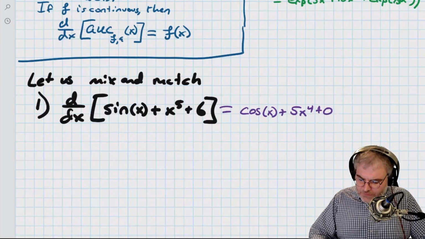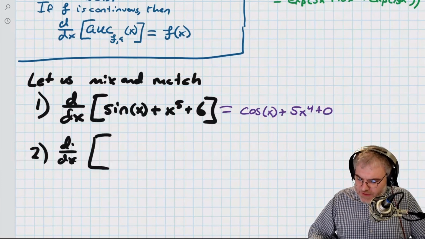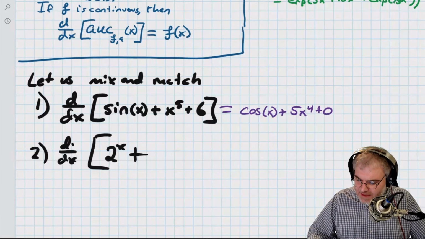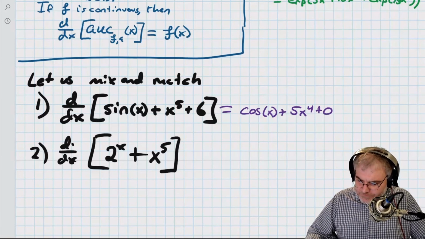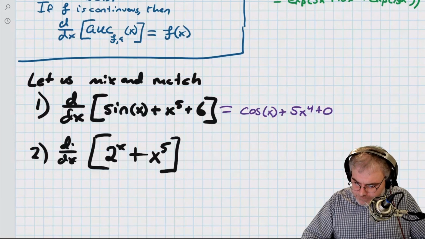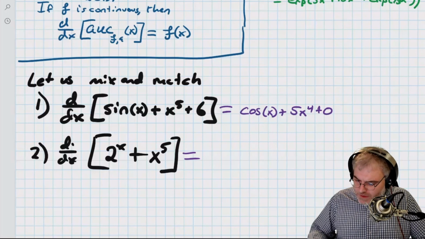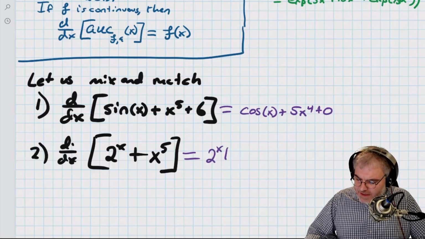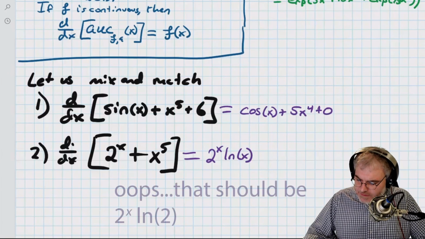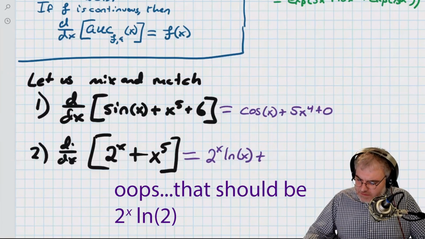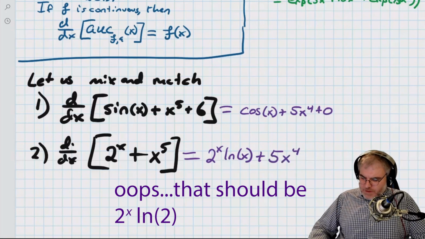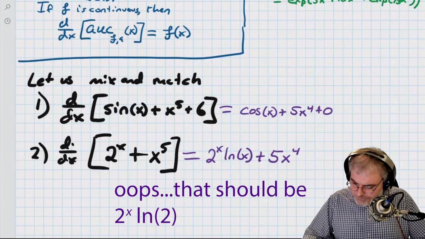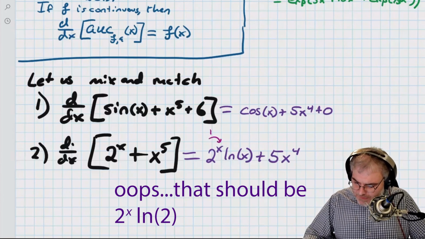Now, 2. d over dx of 2 to the x plus x to the 5th. This is a lovely function. We are going to have 2 to the x ln of x plus 5x to the 4th. Exponent rule here.